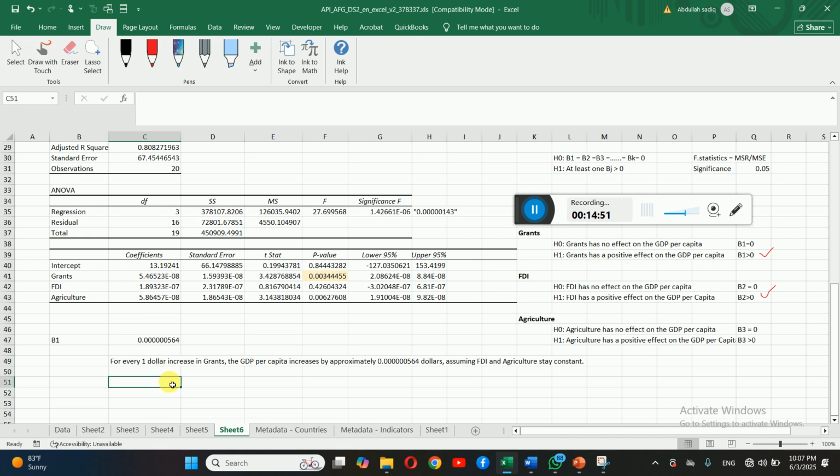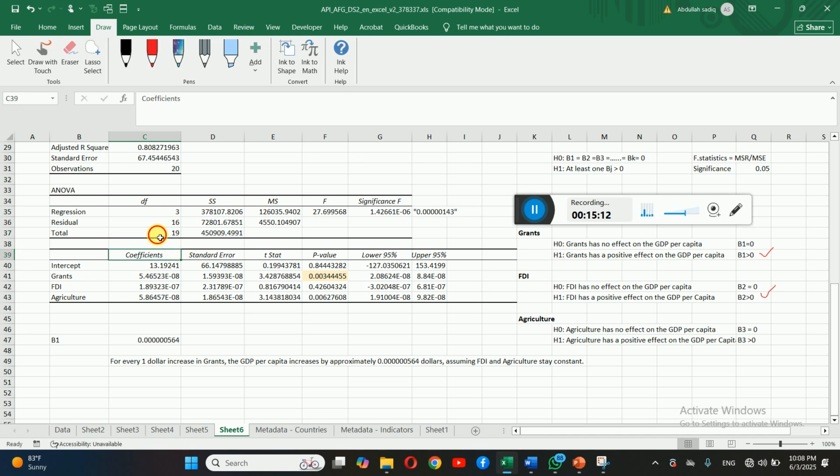Hopefully the idea in the concept of the multiple regression analysis is clear, dear students. The only point which is remaining is the degree of freedom. Inshallah I'll make one separate video giving the concept of degree of freedom. But simply, the total observations we have is 20.